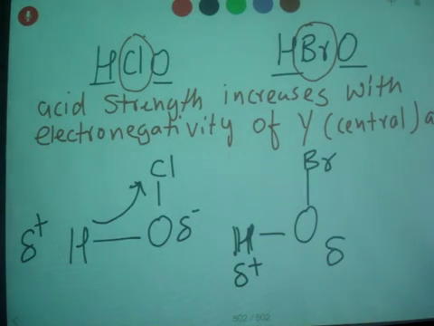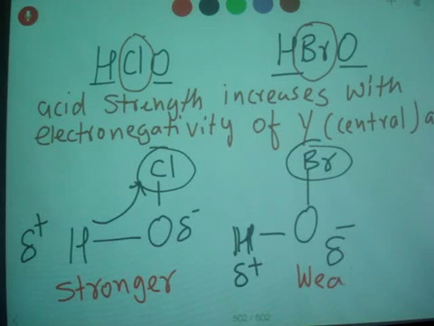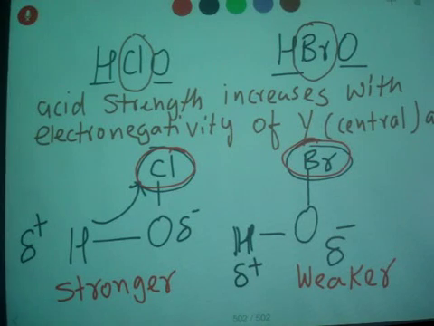When you compare the electronegativity of chlorine and bromine, you can say this one is stronger and this is the weaker. For these Y elements we compare electronegativity, and that way we can say which is the strong acid and which is the weak acid. So that's how we determine the strength of acids.